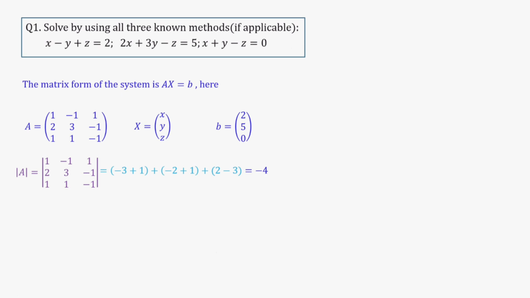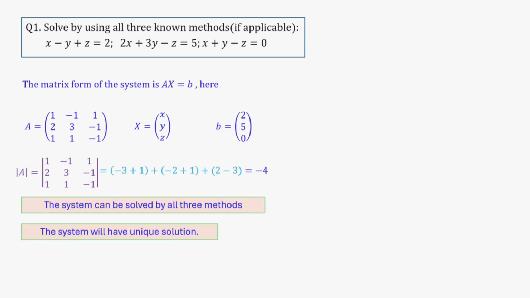Therefore, the coefficient matrix A is invertible, so we will calculate the inverse of A. Since the determinant of A is not equal to 0, we can solve these equations by all three methods. And if the determinant is not equal to 0, the system will always have a unique solution. So we will try to find that unique solution by three methods.